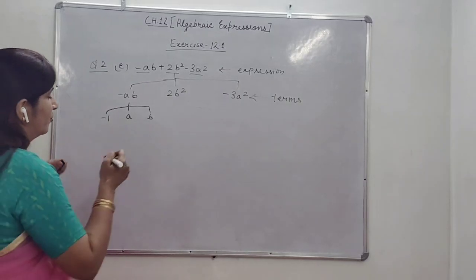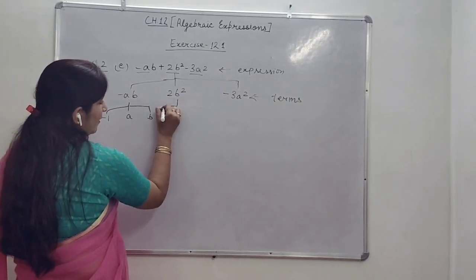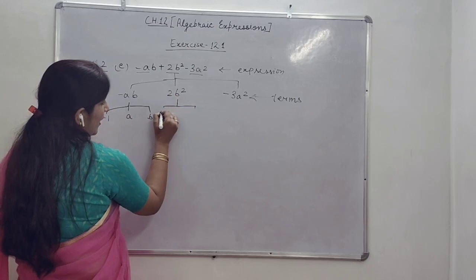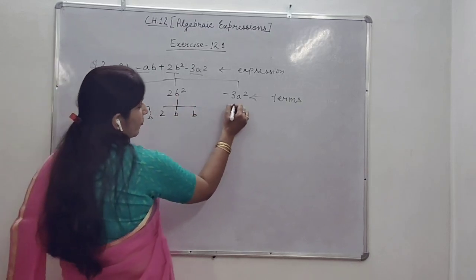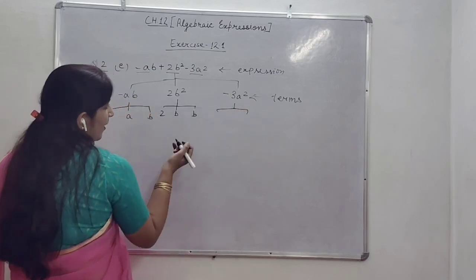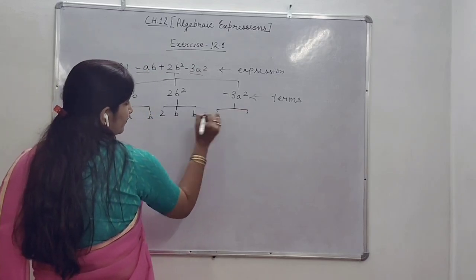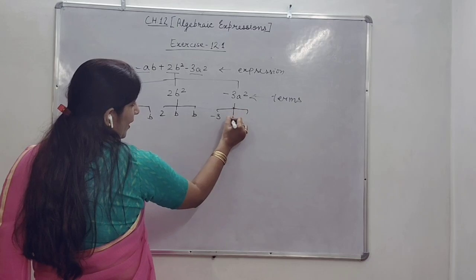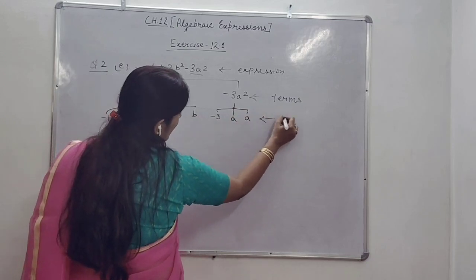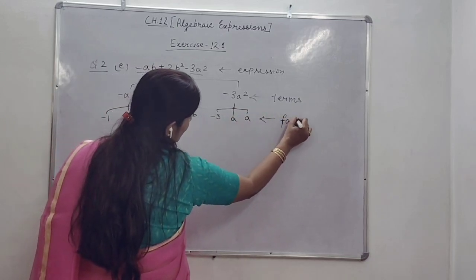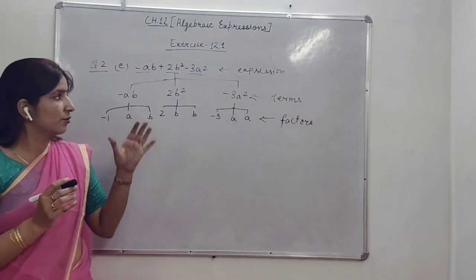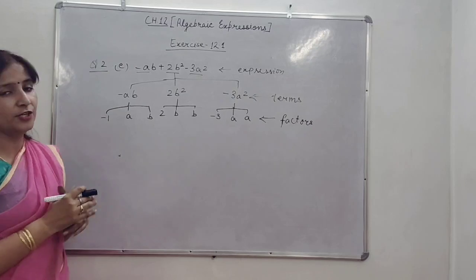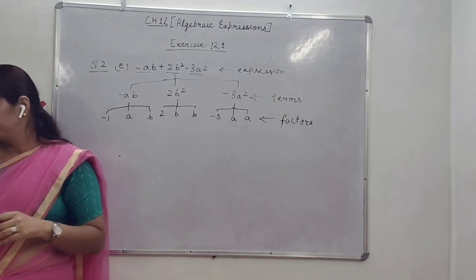Now again 3 factors for the next term: 2, B and B. And for this you can write separately minus 3, A and A. So these are the factors. You can make the tree diagram in this manner. The rest of the parts of this question you can do yourself.